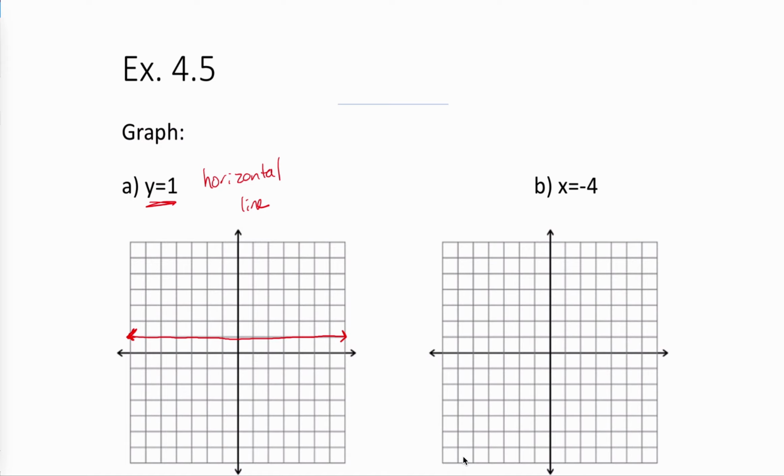A line of x equals negative 4 is going to be one where all of the x coordinates are equal to negative 4, and that's going to be a vertical line. A horizontal line has a slope of 0. A vertical line has an undefined slope.